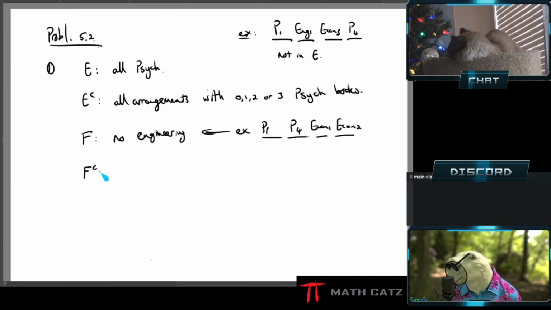So now what is the complement of F? Understanding that together they have to make everything. It's not all engineering books, because then, like this top example, it's not in either one. I can't jump to the other extreme, because together they have to cover everything.